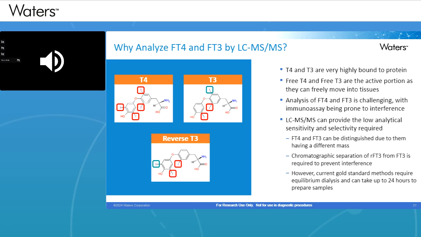So LCMS is an accurate and analytically sensitive method for the analysis of free T4 and free T3, as we are able to obtain the low concentration levels required for the method, and also chromatographically separate the free T3 from reverse T3 to ensure that it does not interfere. And also, as T4 has a different mass to T3, these can easily be differentiated with the mass spectrometer.